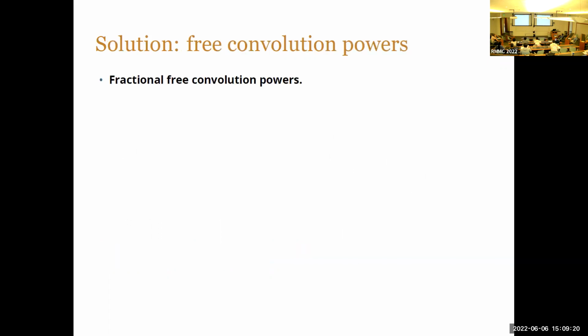And long story short, the description of this evolution of distributions is very naturally stated in terms of free probability. And to be more precise, in terms of fractional free convolution powers. So what are these? Well, we already saw what the free convolution is. So now for any integer k, let the kth power of a measure be taking k convolutions of that measure with itself.